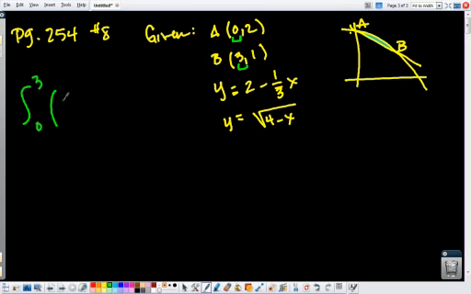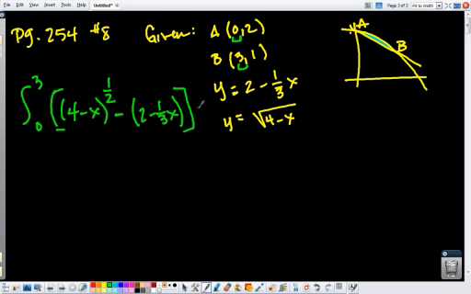I'm going to say it's (4 minus x) to the power of half, and I'm going to subtract my line, (2 minus 1/3 x). I should have made this a bracket here, okay, times dx. And remember, you have to have parentheses around this because the negative goes through both of these terms.